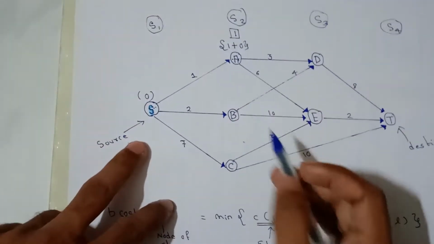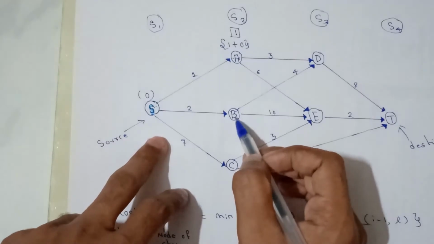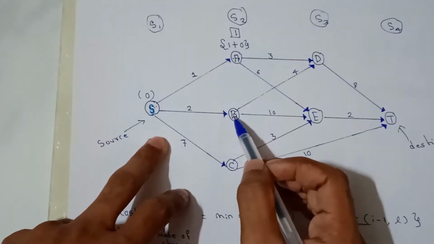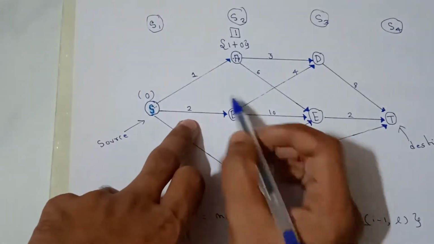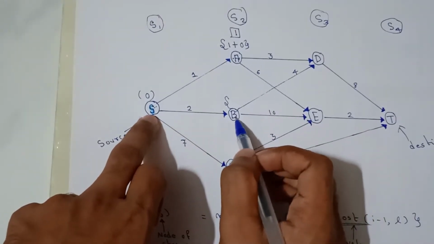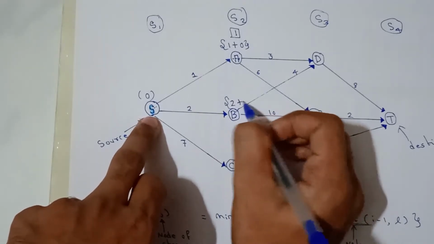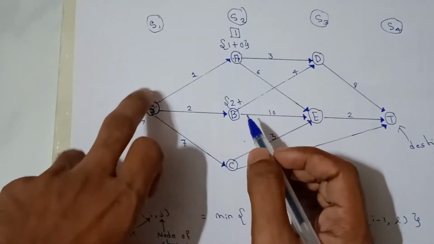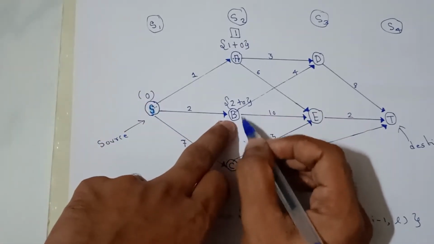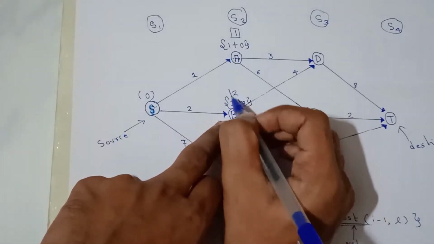In the similar fashion, we have to calculate the cost of B, which is present at stage 2. So how will we calculate? We will take the path between S and B, that is 2, and the cost of node S, that is 0. The cost of B is 2 plus 0, that is 2, right?